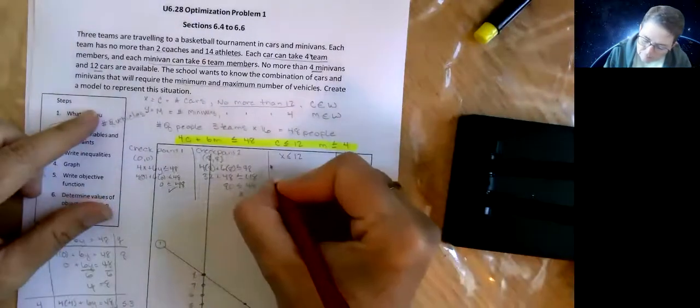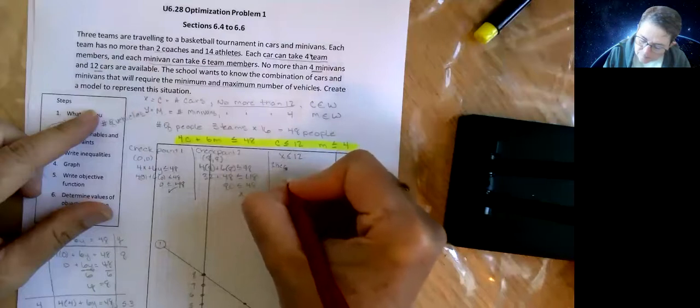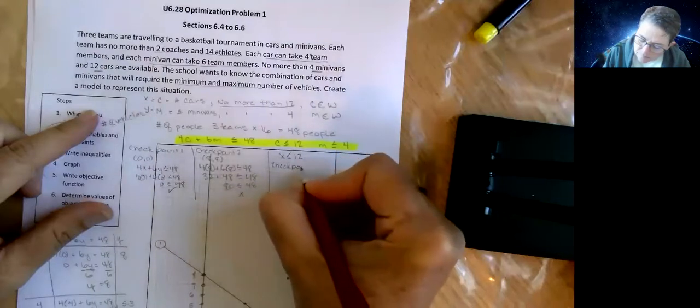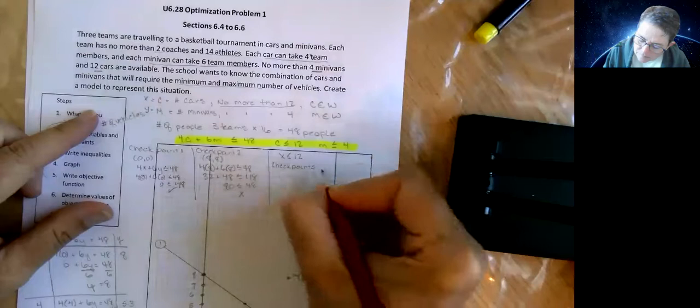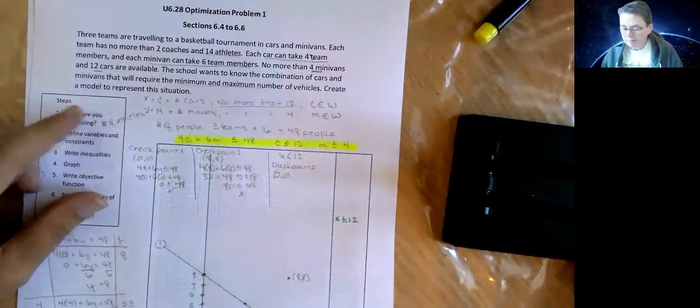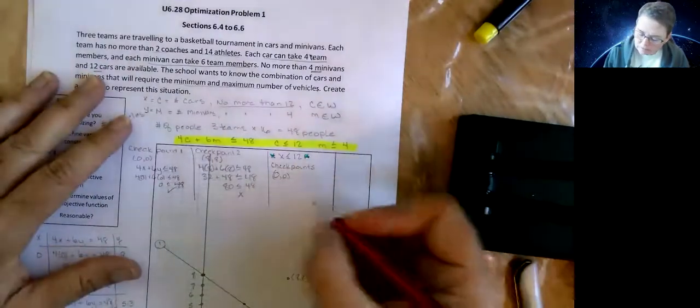All right, well, we need to do checkpoints, although it's not really very challenging. Let's do 0, 0. I'm just going to put a dot, although it shows up a little bit. So x is less than or equal to 12. 0 is less than or equal to 12.